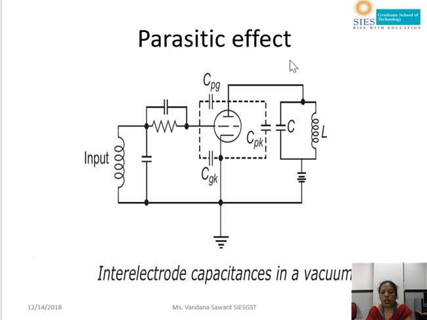So the scientists have stated some principles for generation of microwave signals, and by applying these principles on conventional tubes, we can make a conventional tube be used for the generation of a microwave signal.